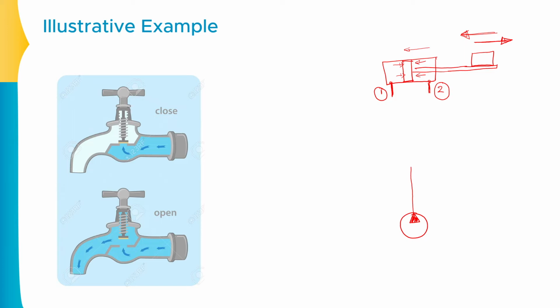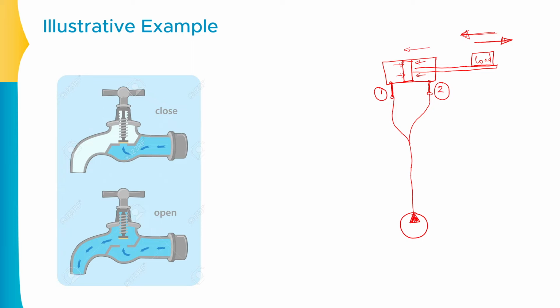Whenever I want to move this specific load to the right side, I have to connect this pipeline towards the very first point, and whenever I want to move this specific load to the left side, I have to connect this specific line at the right side, or say point number 2. So every time I have to disconnect and connect the lines whenever I need to change the path, or say I need to change the direction of the load.